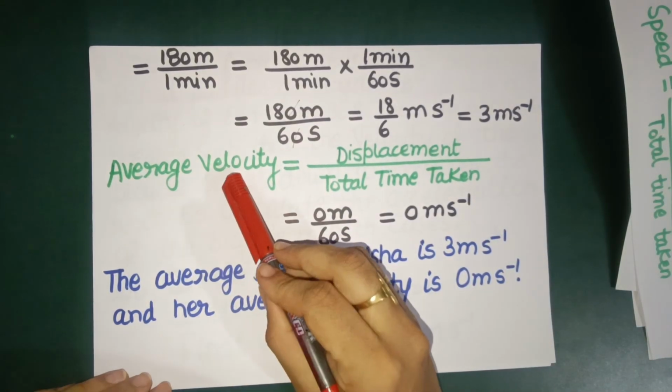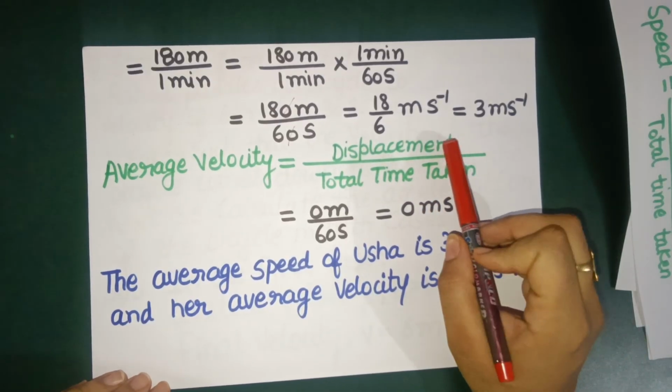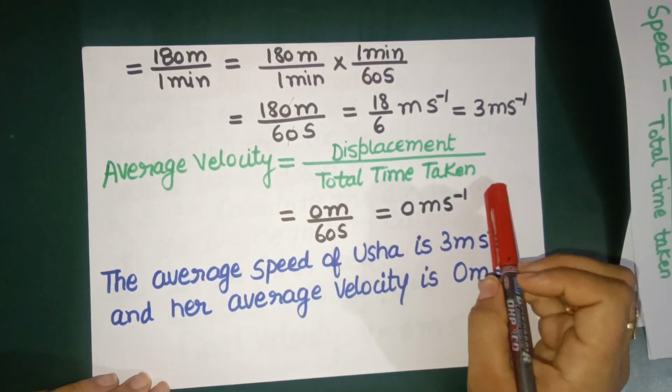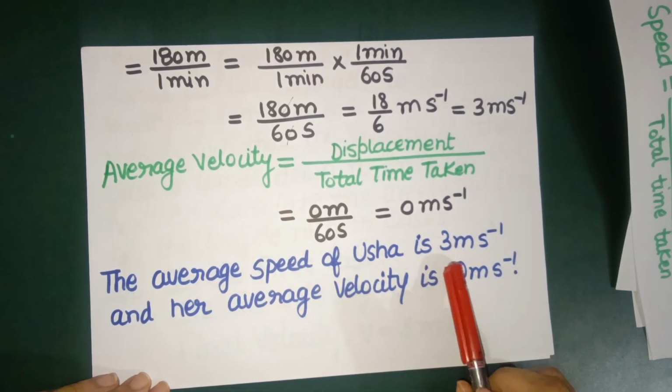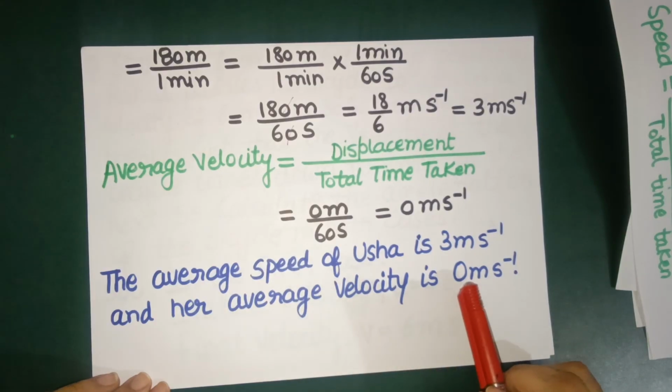And for the average velocity, displacement over total time taken, displacement is 0 and the time taken is 60 seconds, therefore 0 meter per second. So the average speed of Usha is 3 meter per second and her average velocity is 0.